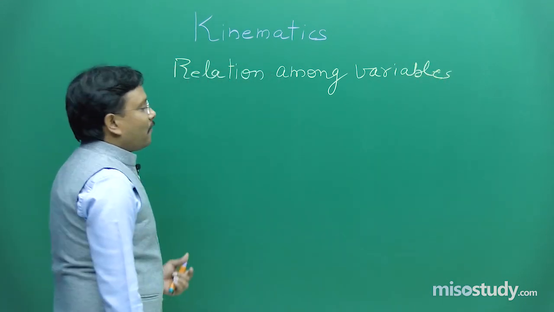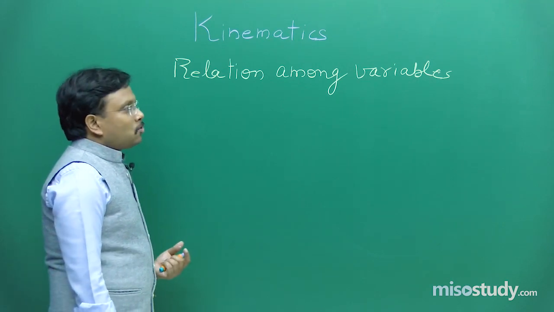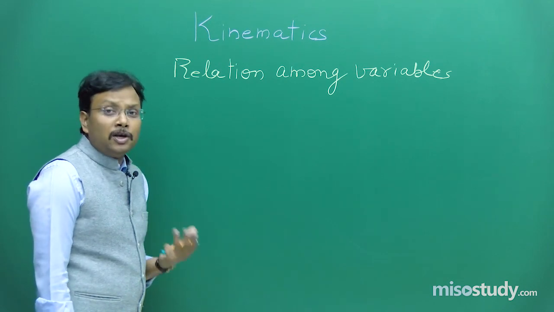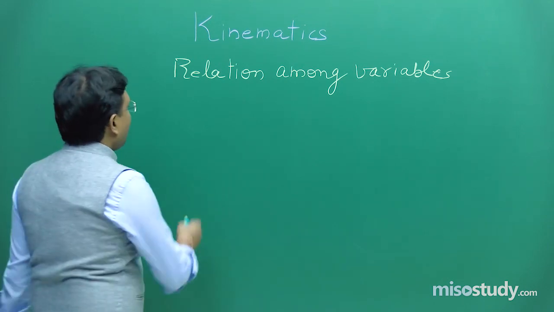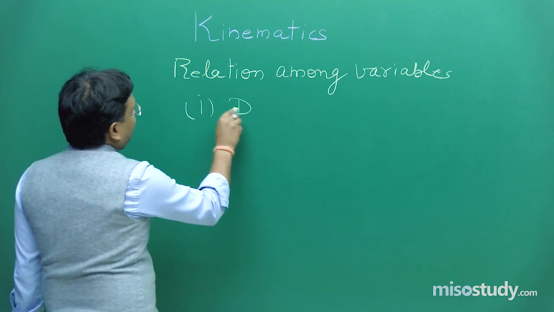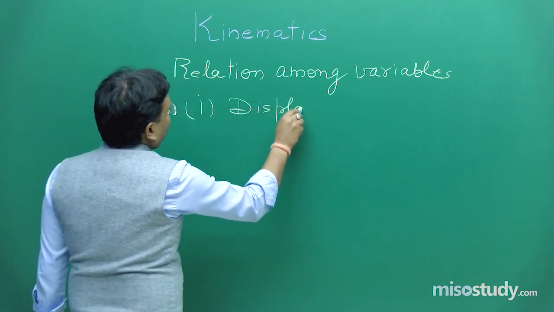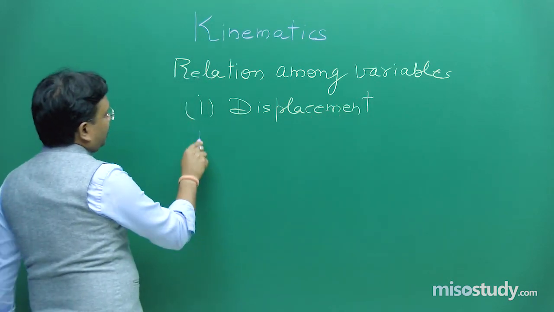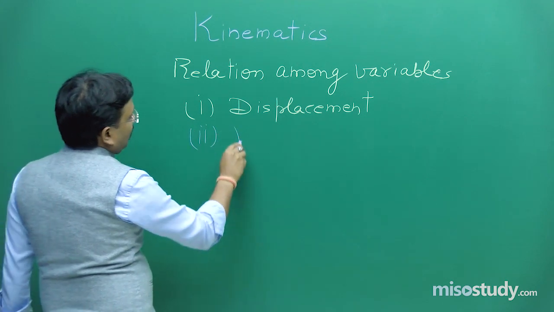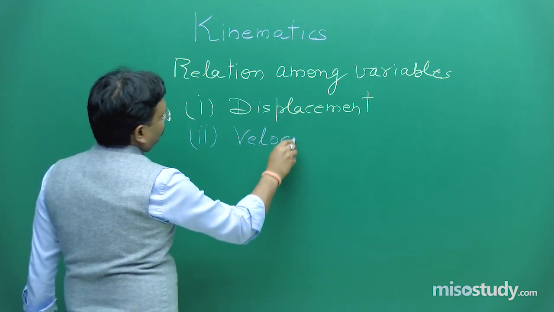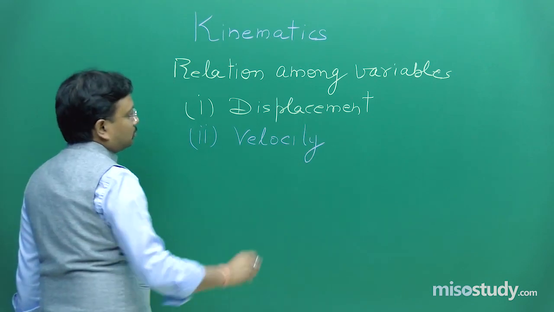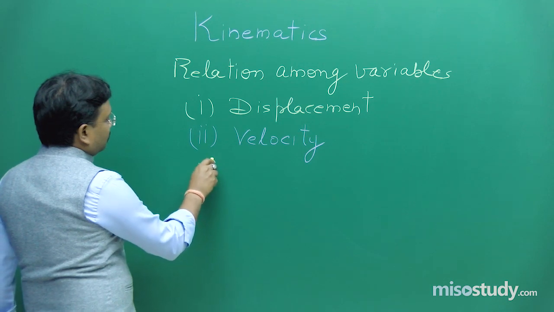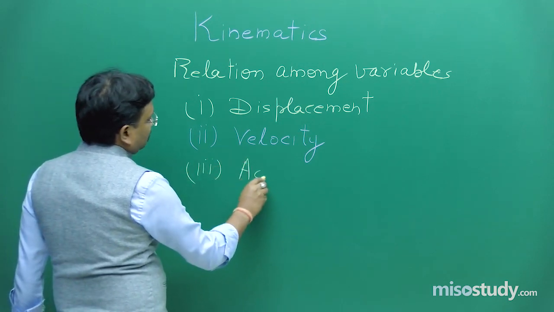Actually, what are the variables that we discussed till now? All in all, we explained three types of characters, three heroes of this movie. One is displacement, another one is velocity, both are vector quantities, and then you have acceleration.